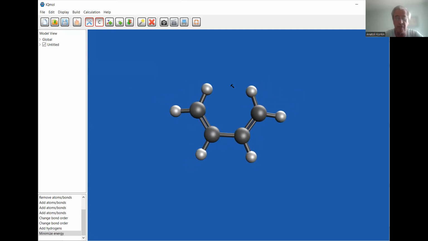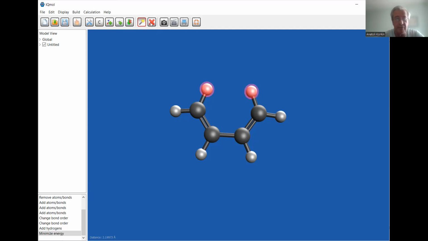I'll show you the calculation only for one case, namely the most difficult one, a transition state. In order to get the first guess structure for the transition state, I use the same trick I already used in my previous example, the lesson before this one.